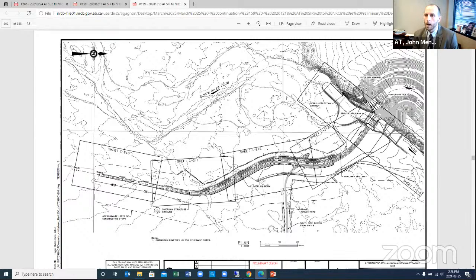So the way that the project functions is the floodplain berm constrains the flow within the Elbow River and directs it towards the service spillway. The service spillway is used to control the flows, the elevation of the water within the river, which then pushes some flow into the channel.